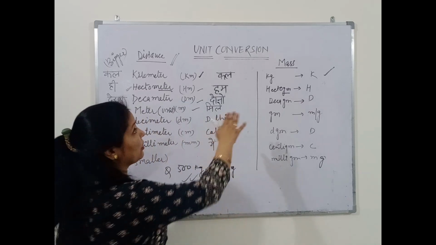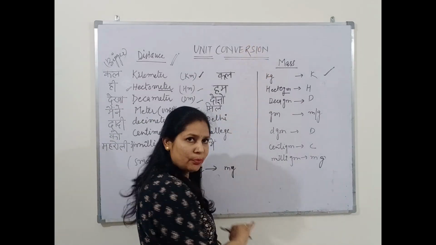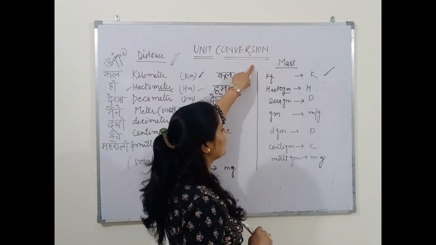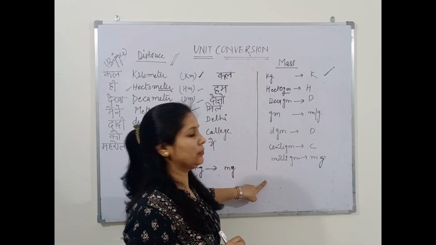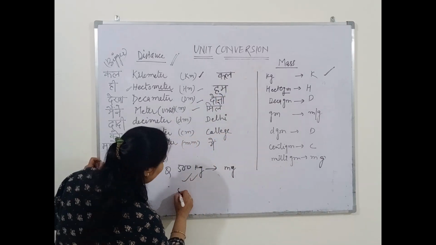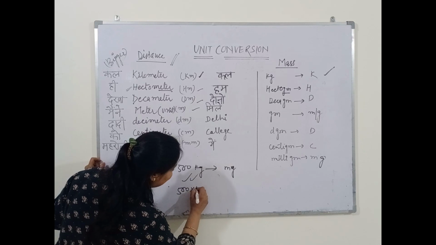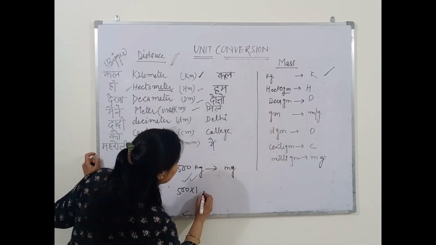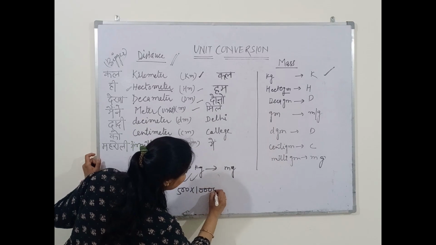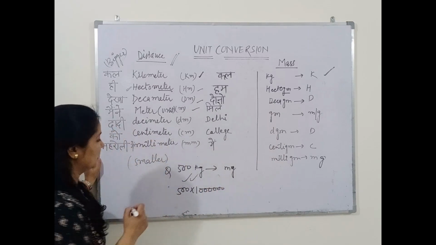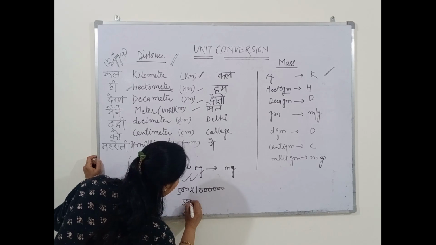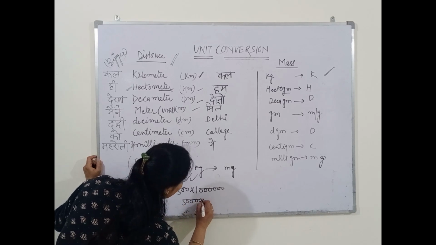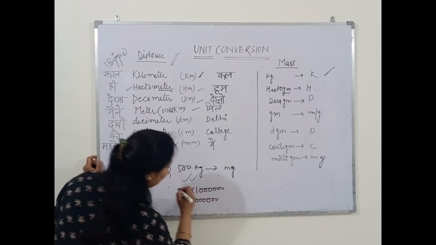So in the same way we are going from top to bottom, that means higher values to lower values. In that case, we have to multiply by this: 1, 2, 3, 4, 5, 6. Then put 6 zeros here. Then your answer will be 1, 2, 3, 4, 5, 6, 7, 8 digits.